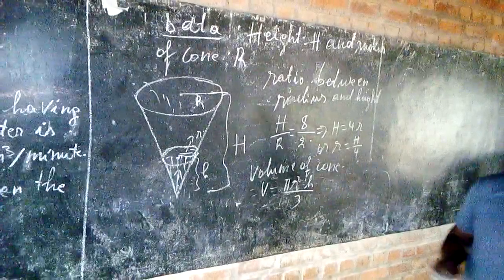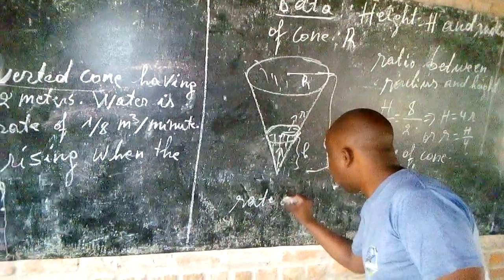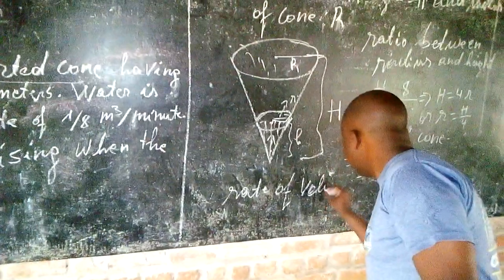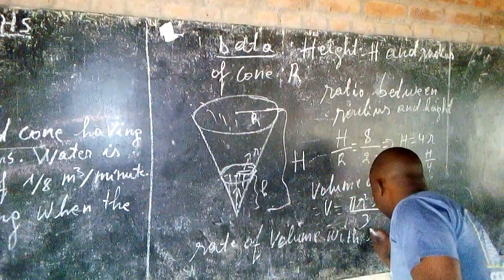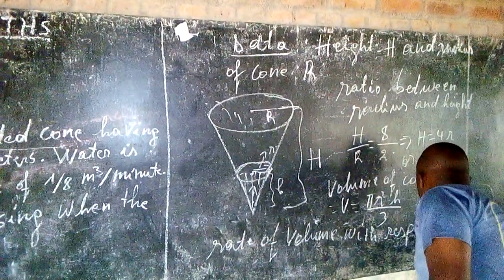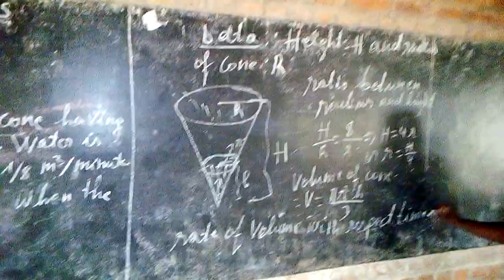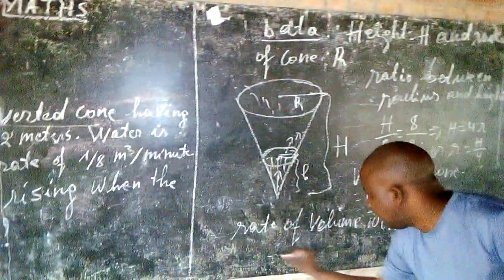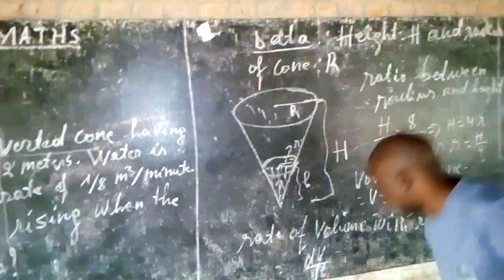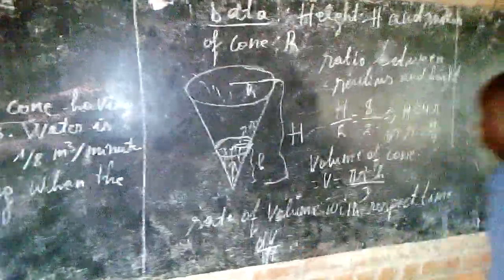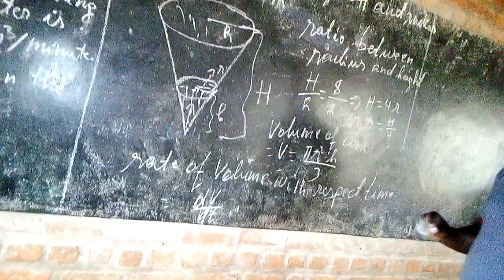Now, because we have the rate of change of volume with respect to time, which can be denoted by dV over dt, it means we need the derivative of volume with respect to time.